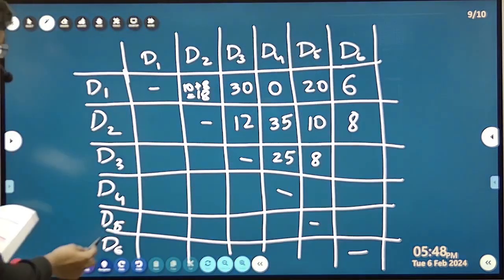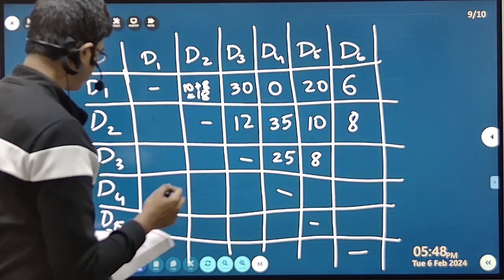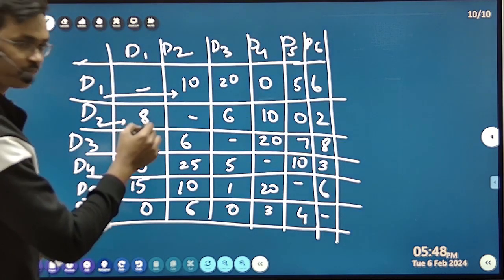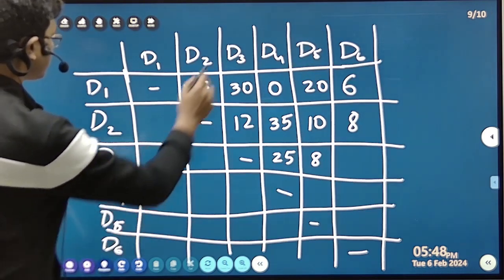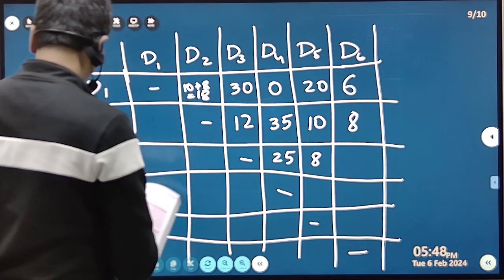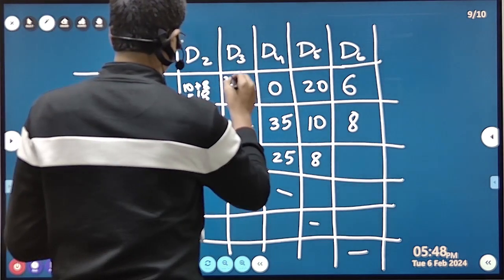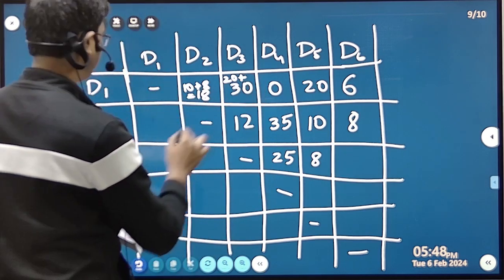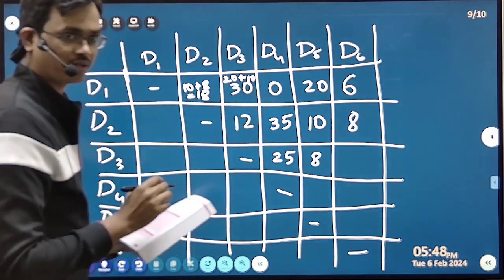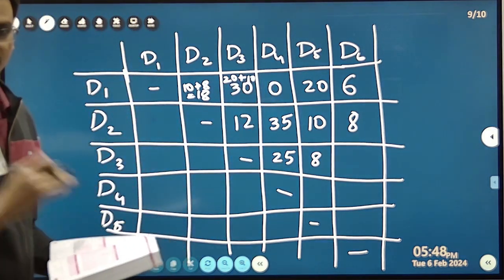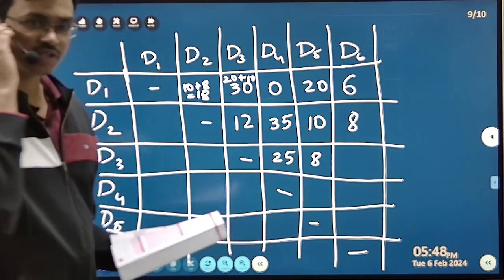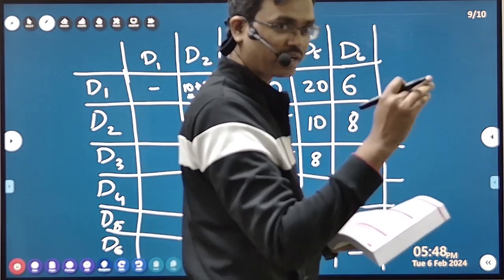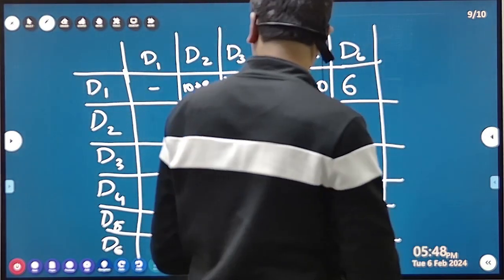From D1 to D2 we have got 10 plus 8. Similarly, D1 to D3 it is 20 plus, you have to check this value here in the table, 10. That is what we are doing here, right? Understood? So horizontal and vertical between the departments we are summing up.